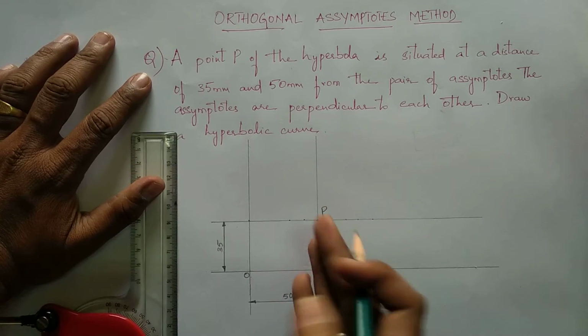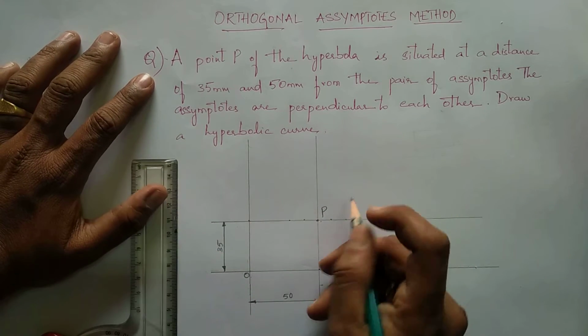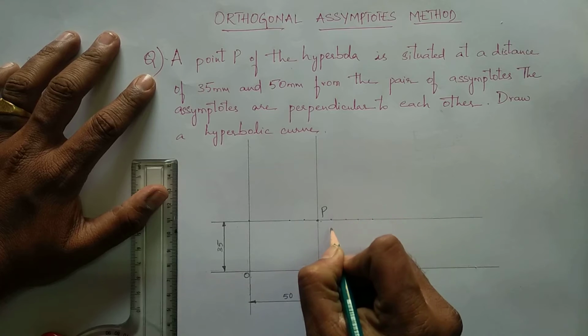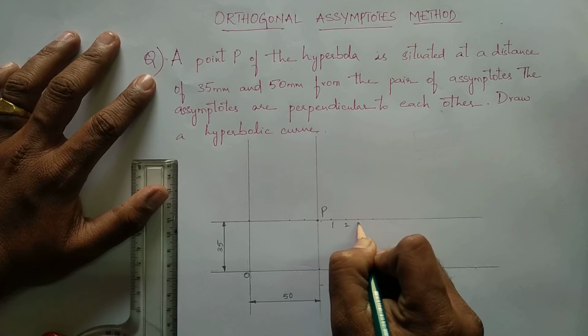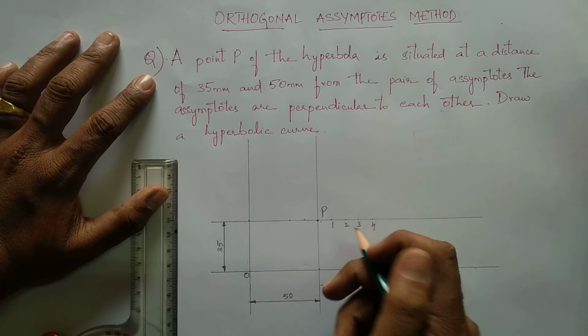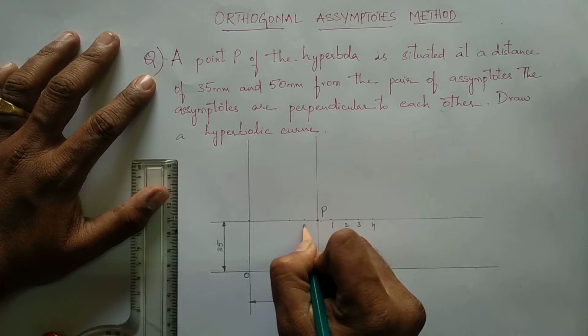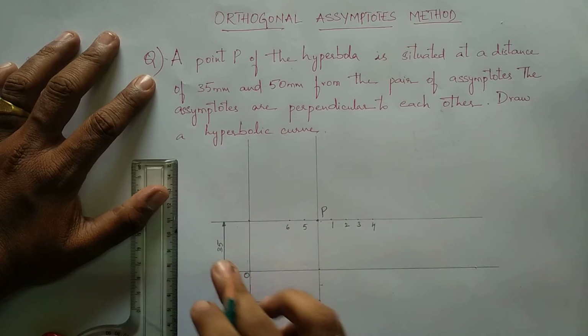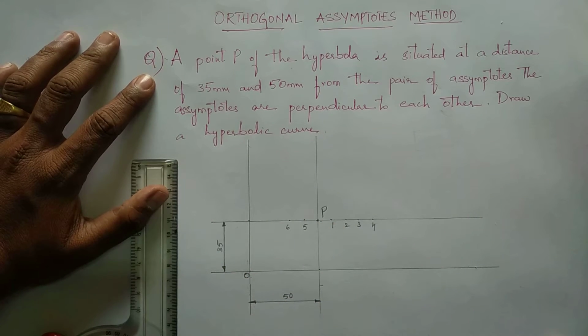If you want to take some more points, you can. Give the numbering 1, 2, 3, 4 on the right side of point P and 5, 6 on the left side of point P.